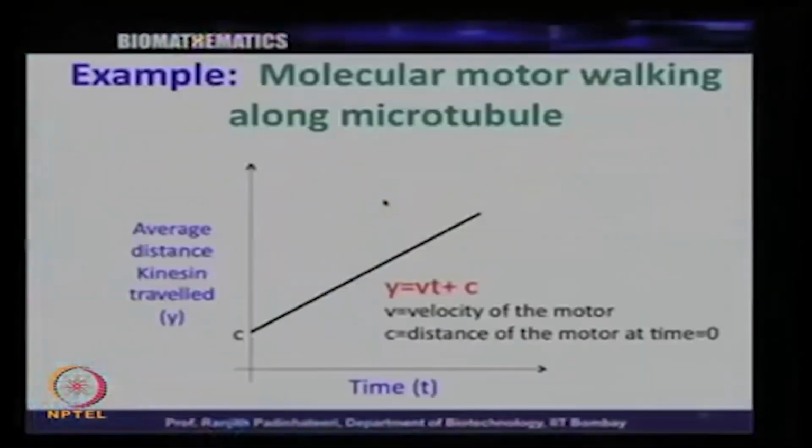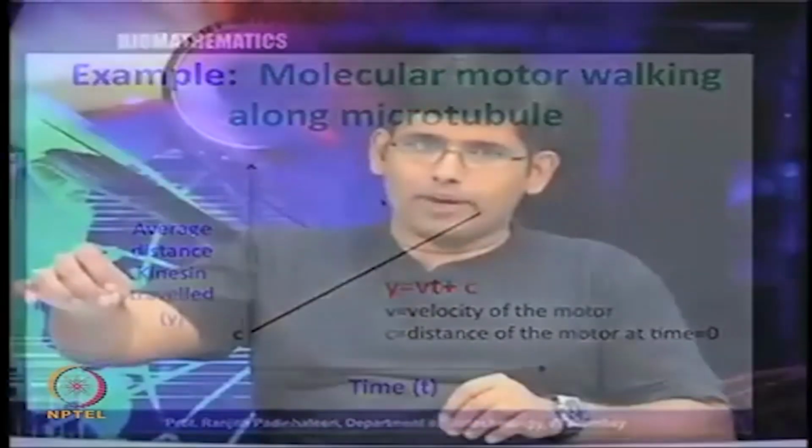You could take another example from biology, where a molecular motor is walking along a microtubule. In the cells, microtubules typically start from near the centrosome and go to the periphery of the cell, from the center to the periphery. So, the motor will be walking from one end to the other end of the microtubule.